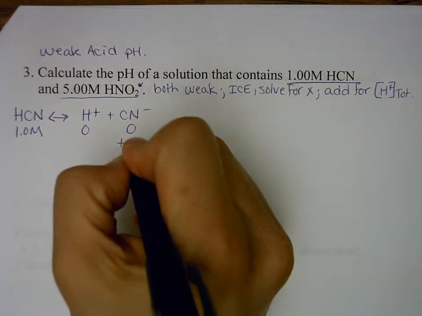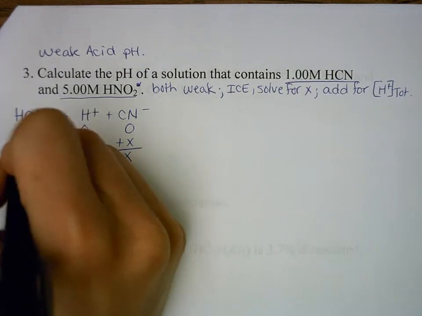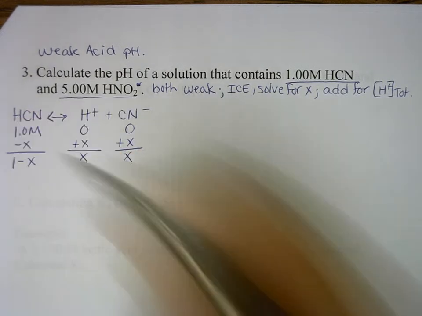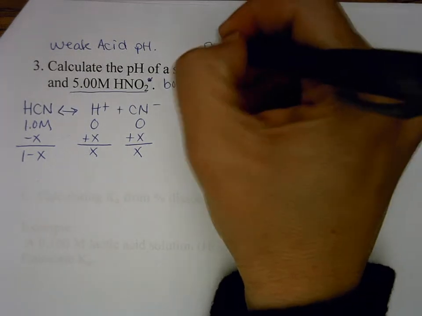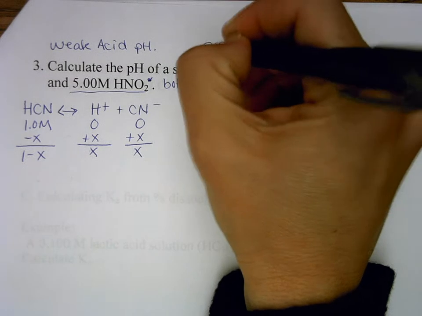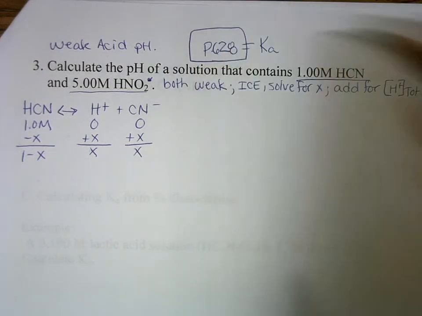So let's see. Over here, I'm going to have plus X on each. Over here, minus X. So 1 minus X. And you would look up your Ka values on the Ka table, which is on page 628. If you want to write that down, again, is your Ka values.